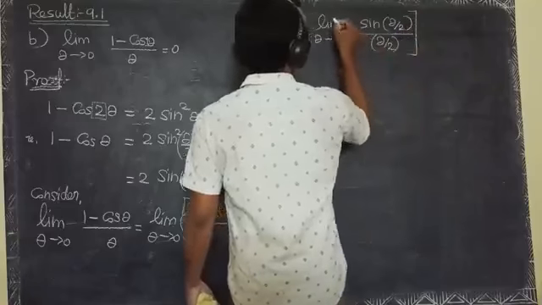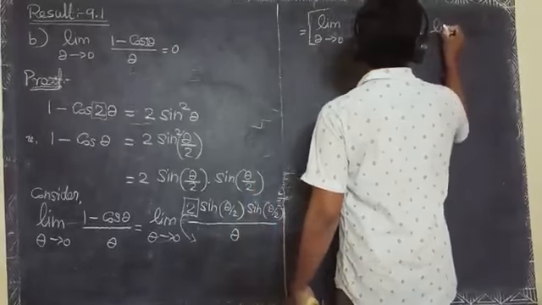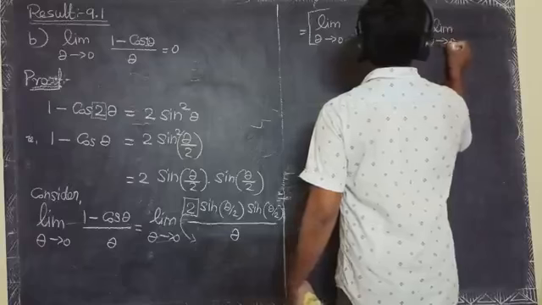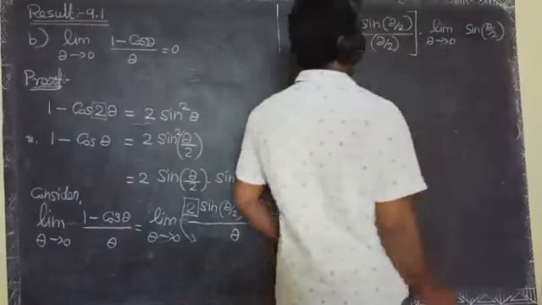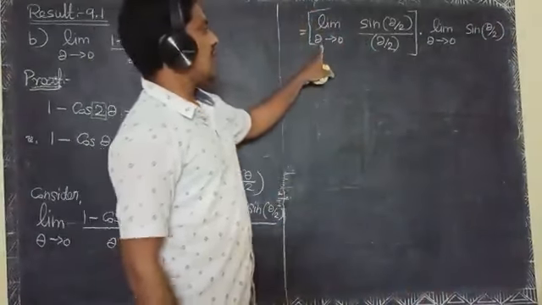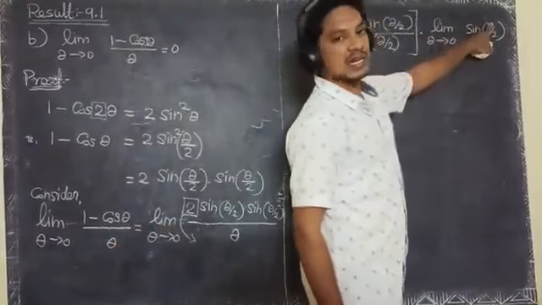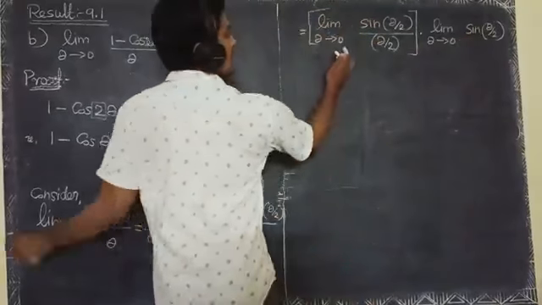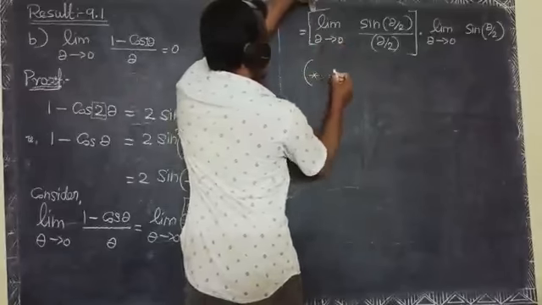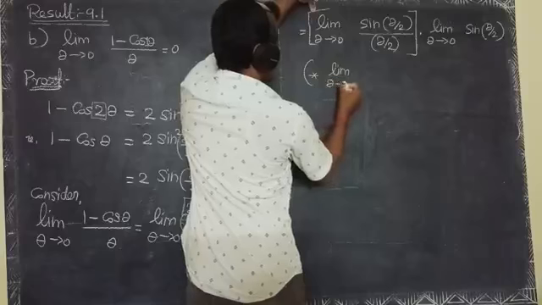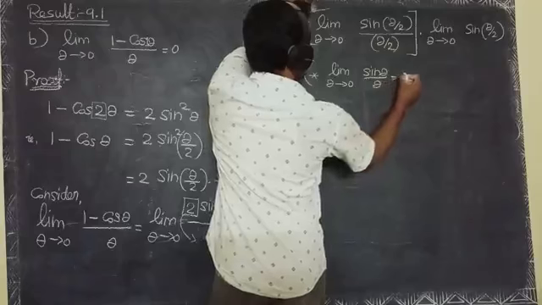This is one function multiplied by another function, that is, the limit as theta approaches 0 of sin theta divided by 2. Here, replace theta with 0 in the function. We know from result 9.1 that the limit as theta approaches 0 of sin theta divided by theta equals 1.